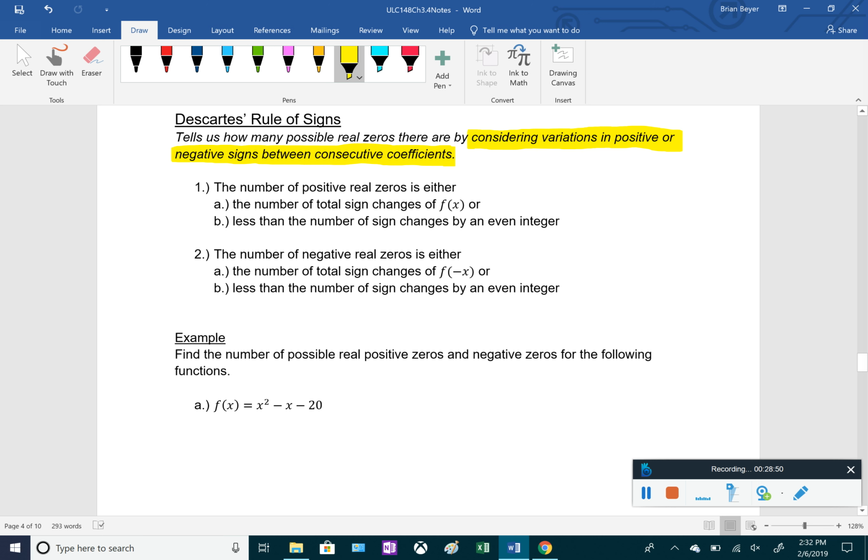To find the number of negative real zeros, instead of using the function, we have to evaluate f of negative x. So we plug in a negative x and then simplify it. Same thing, it's going to be the total number of sign changes after that, or less than that by an even integer.